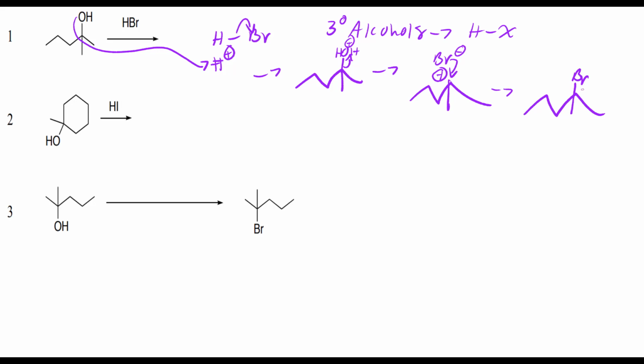Now that you know the reaction, there's no reason for me to do it. Technically, you now have a water that leaves from the tertiary carbocation. And then this iodine comes in, it's negative, attacks, whatever, right? And then iodine.